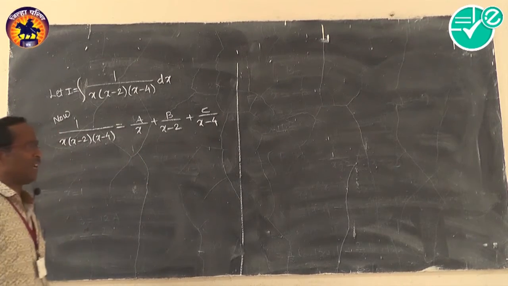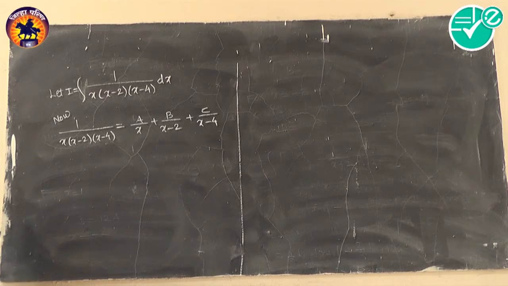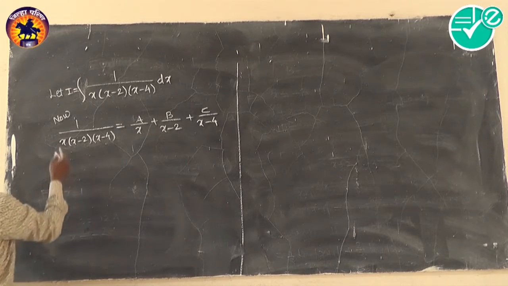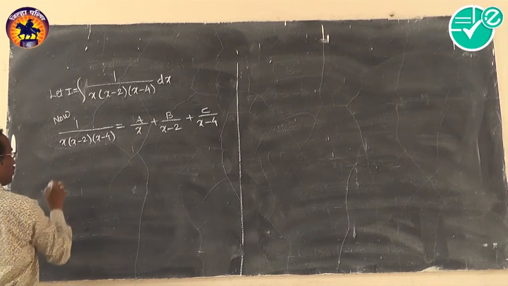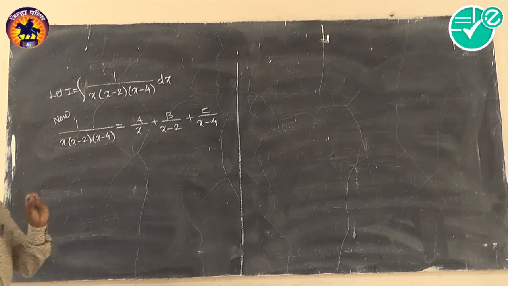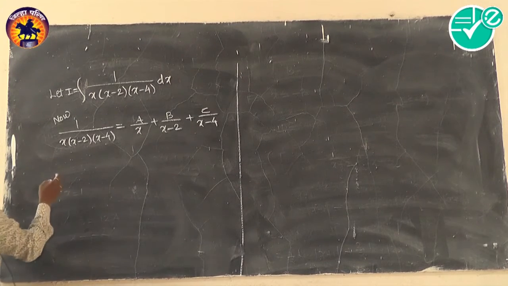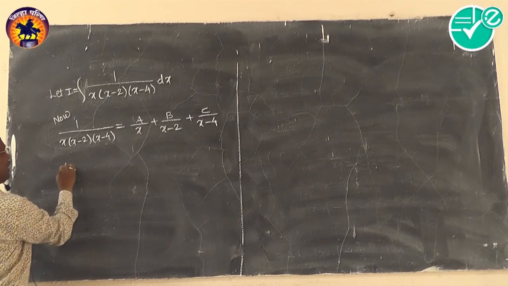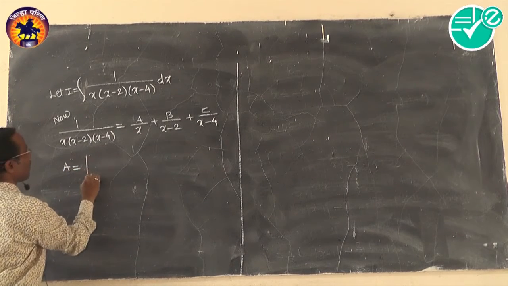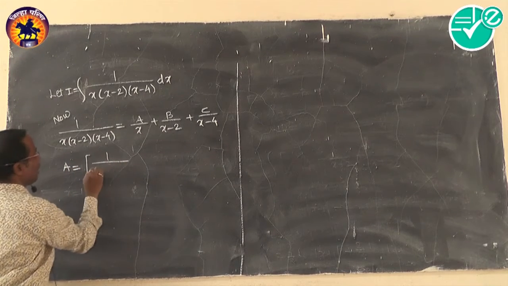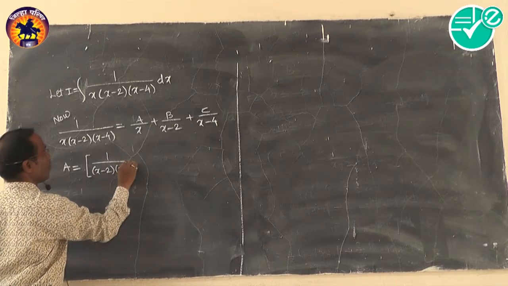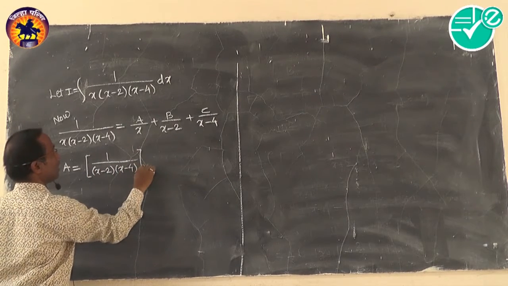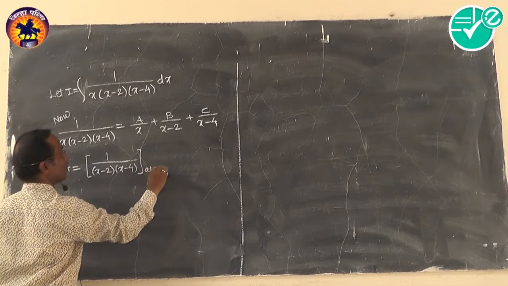So how can we find them? Here we are going to take the third method. For the third method, a is equal to 1 upon x minus 2 into x minus 4 at x is equal to 0.